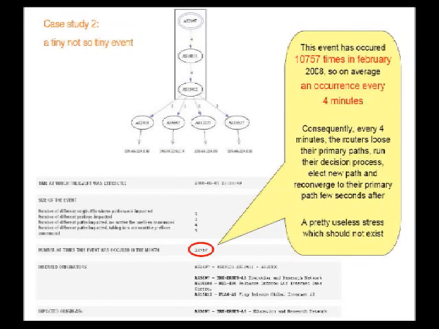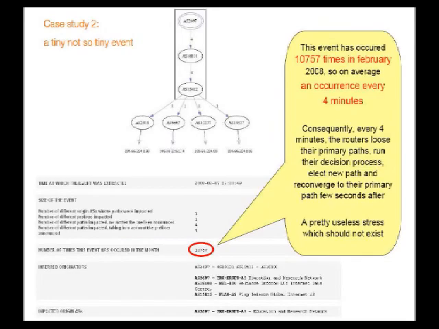So every 4 minutes the routers have lost their primary path, they have triggered a decision process, selected new paths, announced them, and then only a few seconds after they got their primary path back, so they re-trigger the decision process and so on and so on. So in fact, such an event puts a pretty useless stress on the router, and it should just not exist.